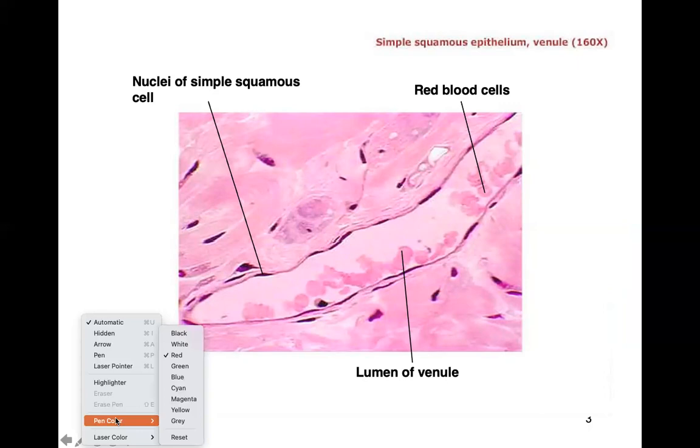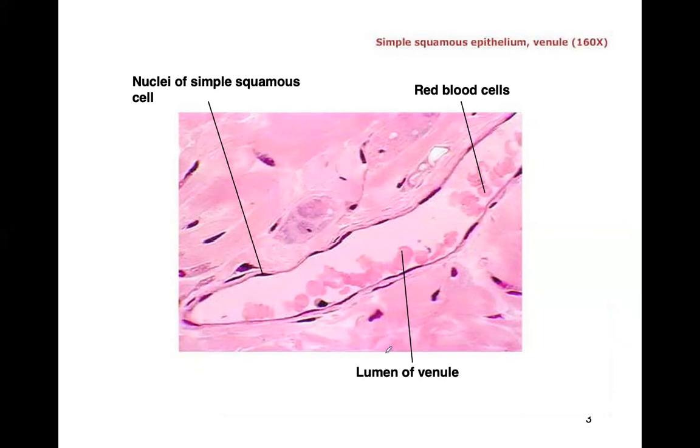Okay, so what we're looking at here, let me turn my pen on. We'll make it blue. So notice we see lumen. All right, so here is the lumen. And we're trying to look at the shape of the cells that are close to the lumen. We see them on both sides.